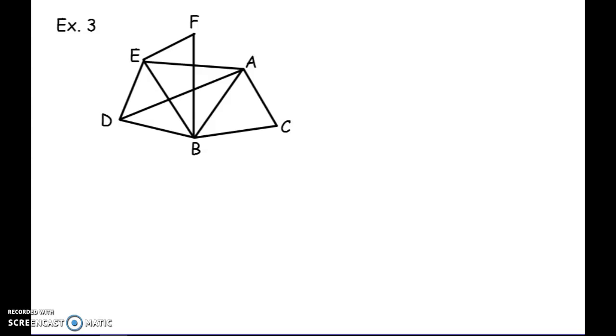All right, let's try example 3. Right away, we can figure this out by finding the degree of each vertex. I'll just start at A here. Look at how many edges were coming from A. So 4. I'll go to C, had 2. B, 1, 2, 3, 4, 5. D was 3.